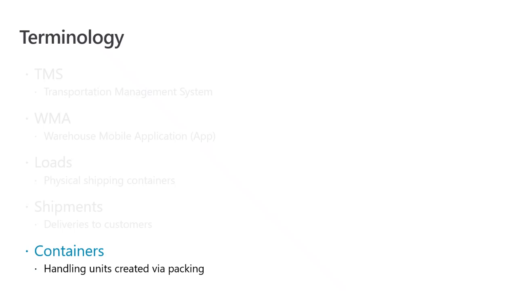They may be boxes. They may be full pallets that you've assembled as well. All of those different handling units are examples of a container. And then it also has a similar one-to-many relationship where you might have many containers on your shipment, and then we've got many shipments that may ultimately be on our load or our physical container that we're shipping.